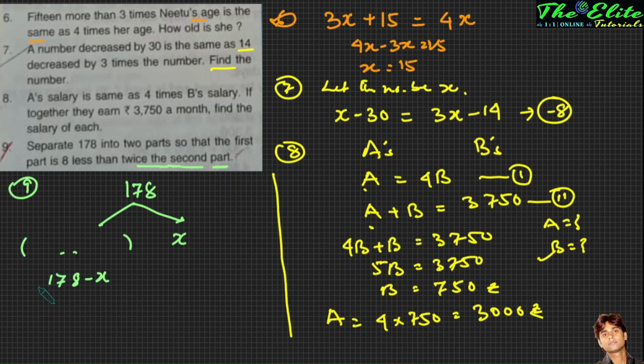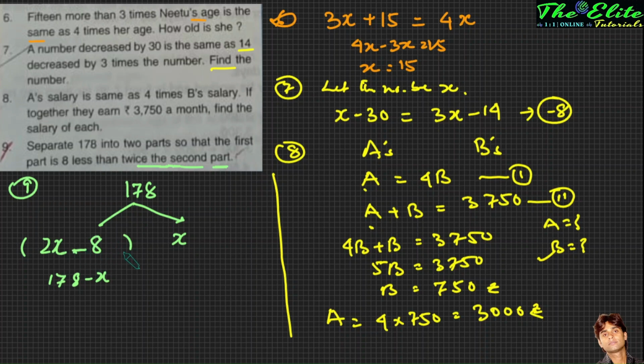Now we will make the equation in that way. We have assumed the second part number as x. The first part is 8 less than twice the second. So twice the second is 2 times x, and 8 less than means we are going to subtract 8 from it.